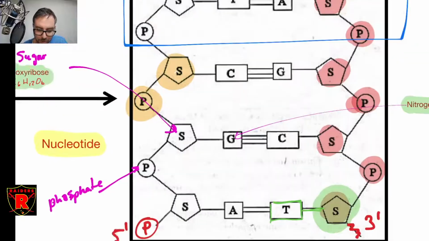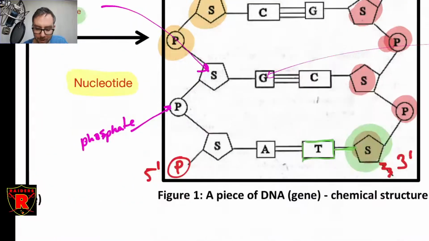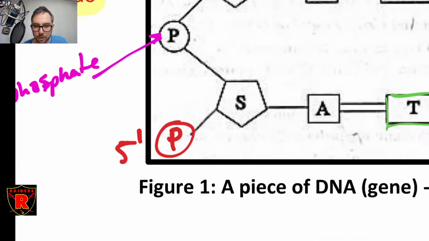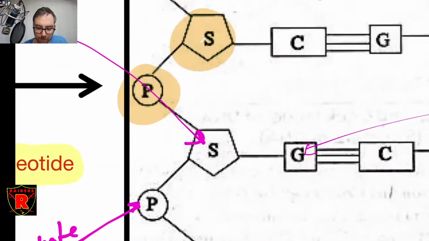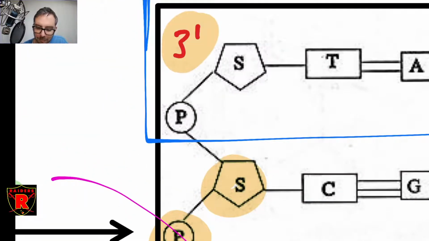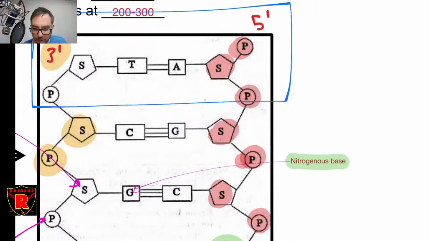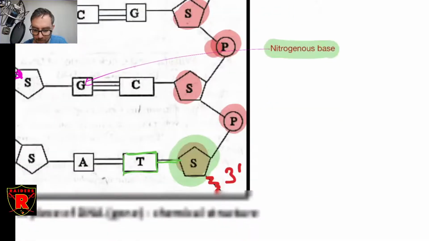I've also drawn on here that there are 2 ends of the DNA. There's what's called the 5' end and a 3' end. And on the other side, it runs in the opposite direction, the 5' end to the 3' end.